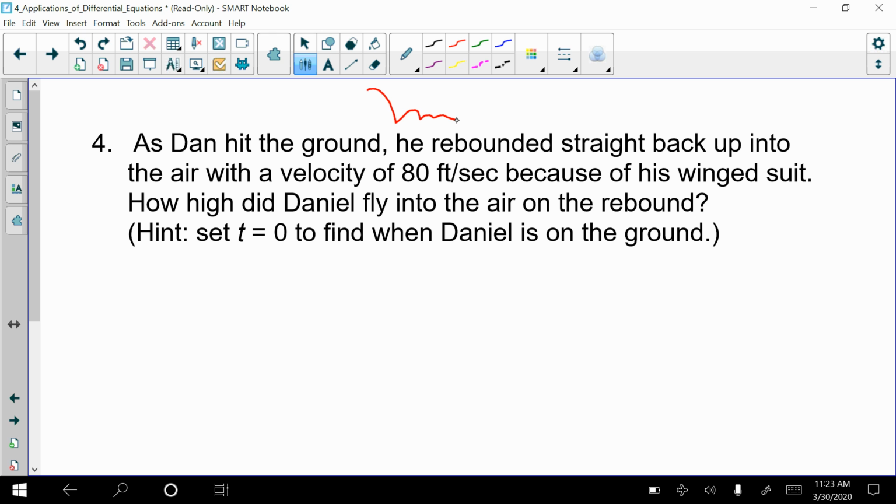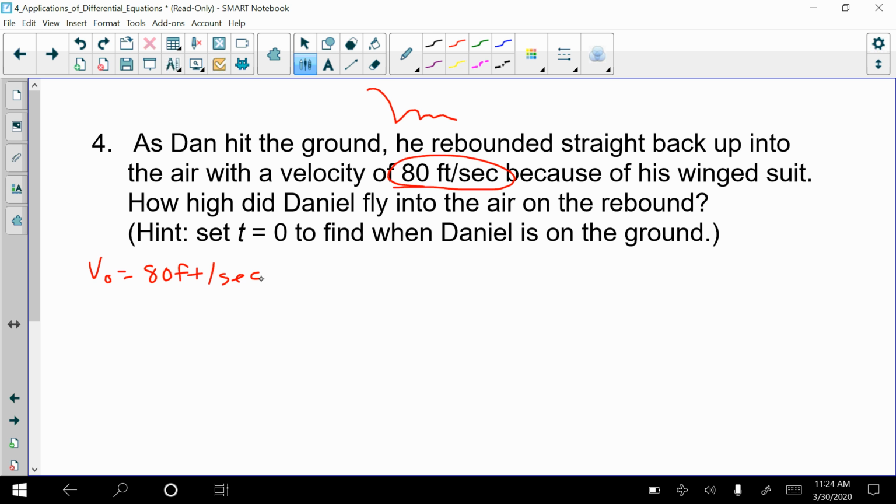And they're telling us that after he hit the ground, he bounced upwards with this 80 feet per second. So that's going to give me some critical information that I need. In this case, the initial velocity, v naught, is going to be 80 feet per second.